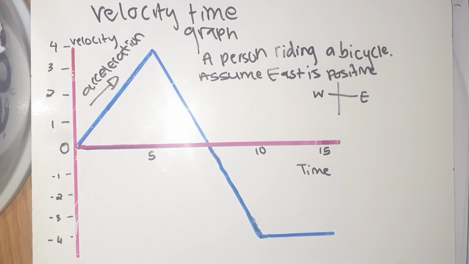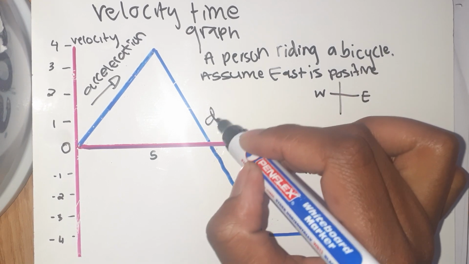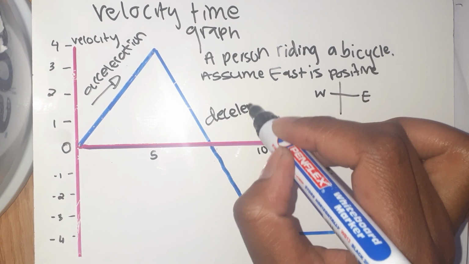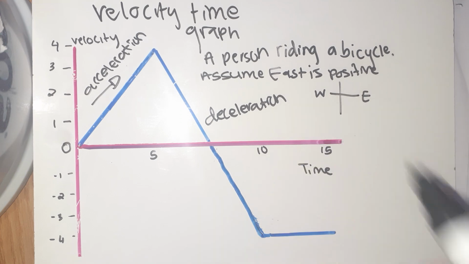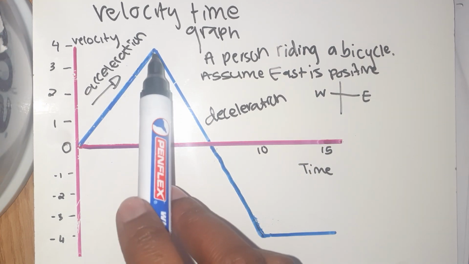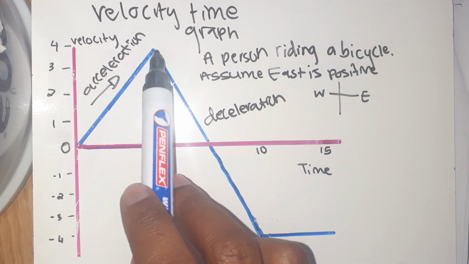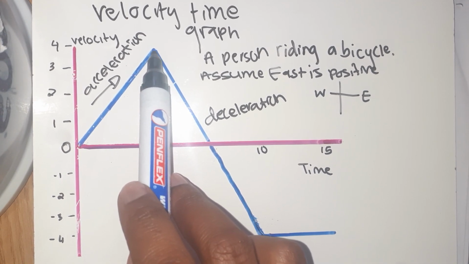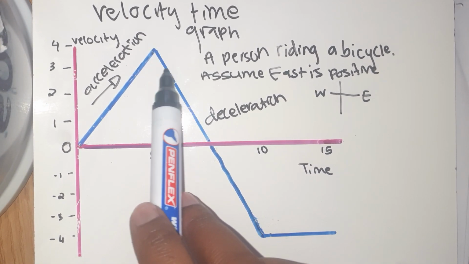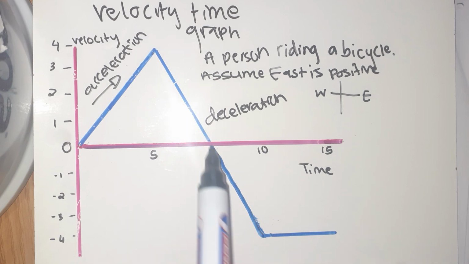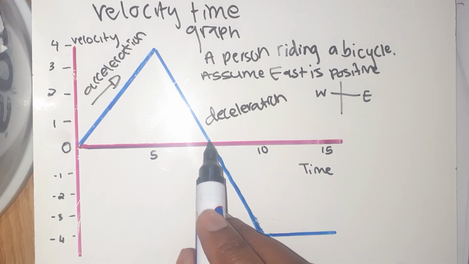Now starting to slow down from a positive 4, going down to 2, 1, until they get to 0, right?